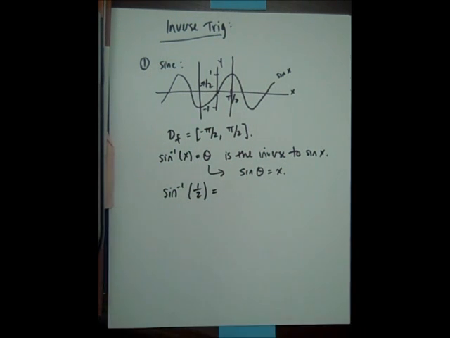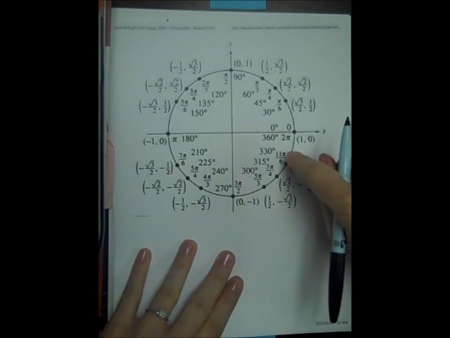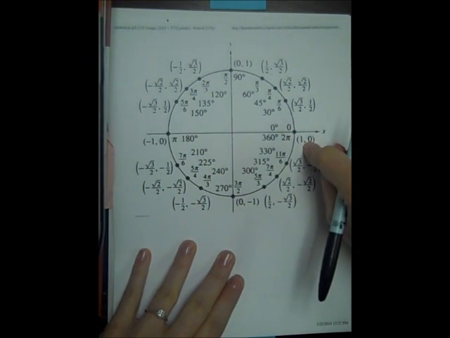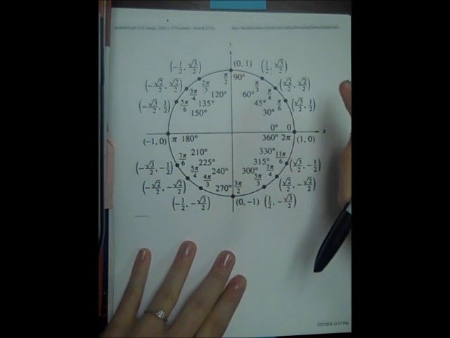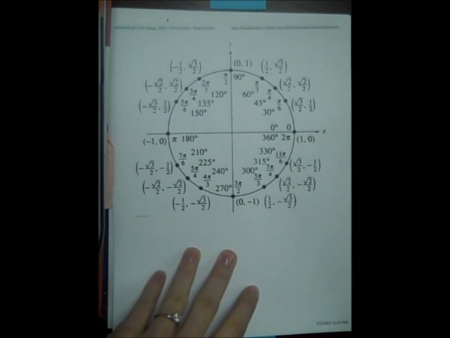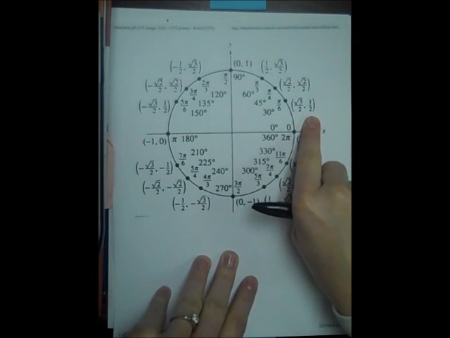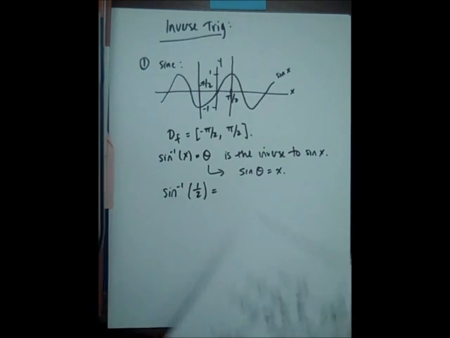Sine inverse of 1/2 is saying on the right-hand side of my unit circle, when is sine equal to 1/2? Remember, sine is my y-coordinate, so look at the y-coordinates on the right-hand side. Do I have any of them equaling 1/2? Yes, right here. What was the angle at that point? Pi/6.